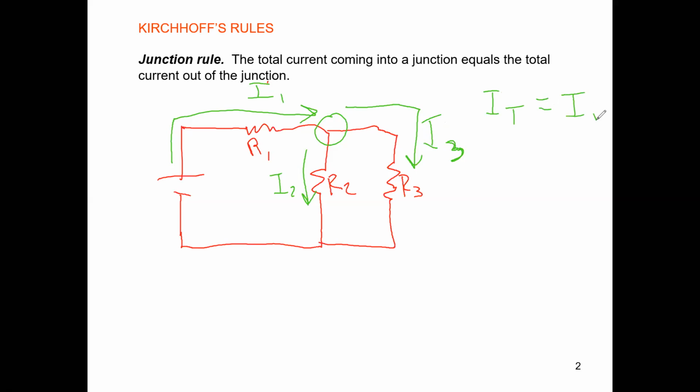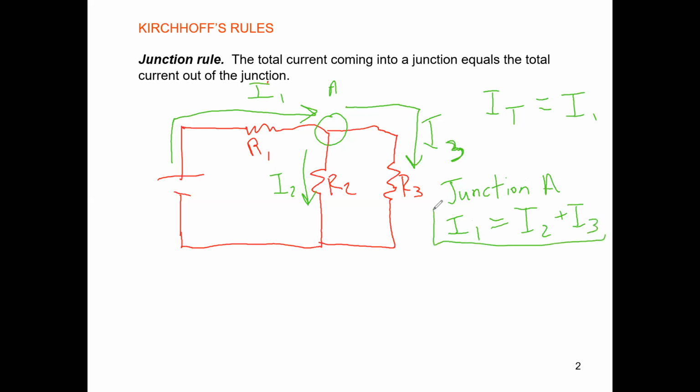If we take a look at this junction here, let's call it junction A, the current coming into the junction is equal to the total current coming out of the junction.